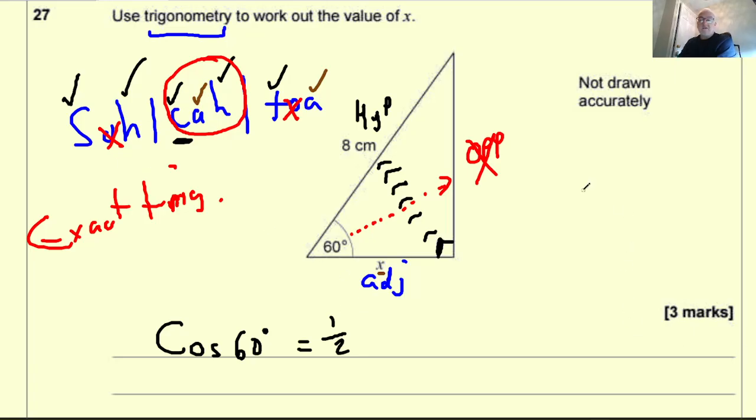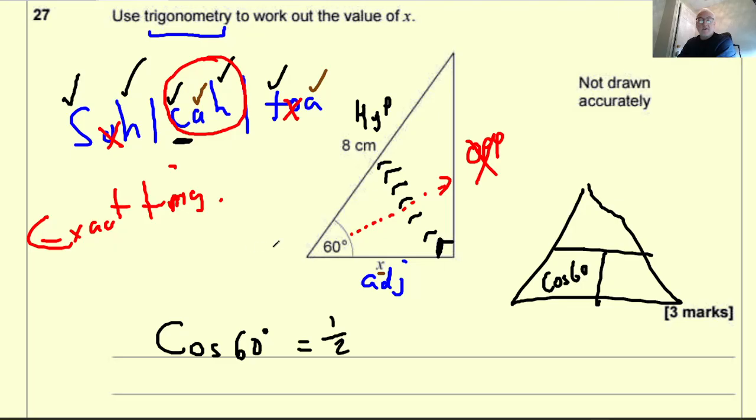Using the cosine triangle, so cos of 60, the adjacent is my x and my hypotenuse is my 8. If I cover up what I want, then I just multiply the bottom two values together.